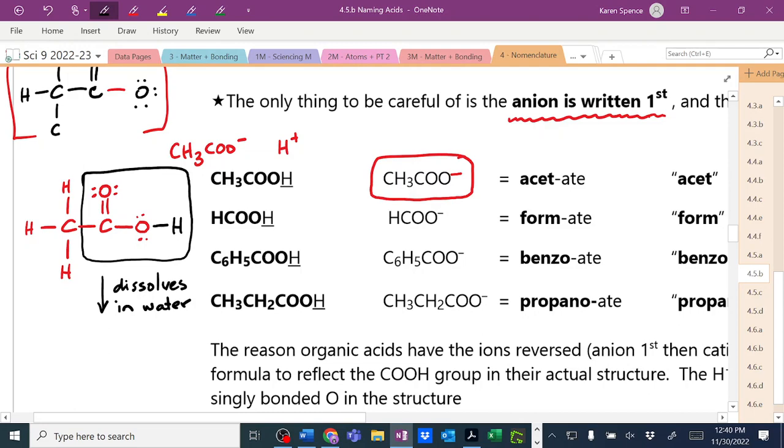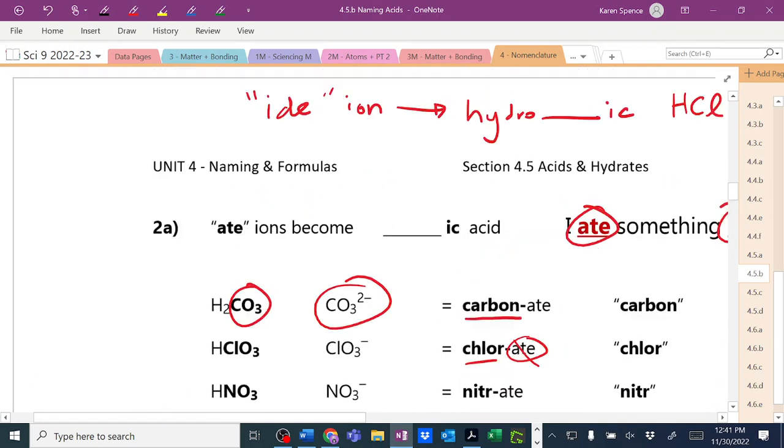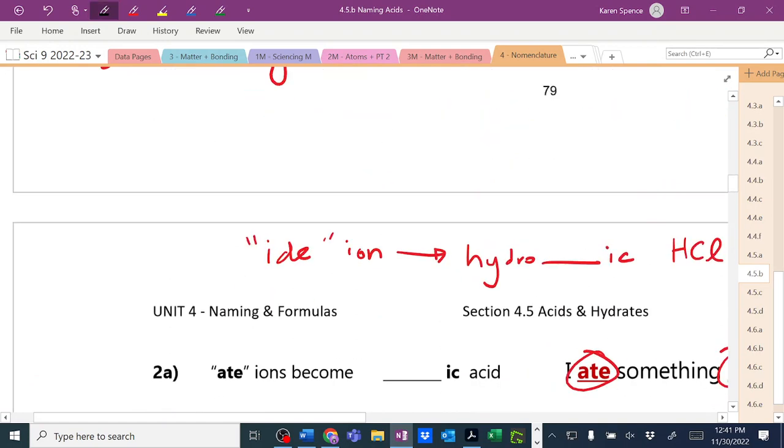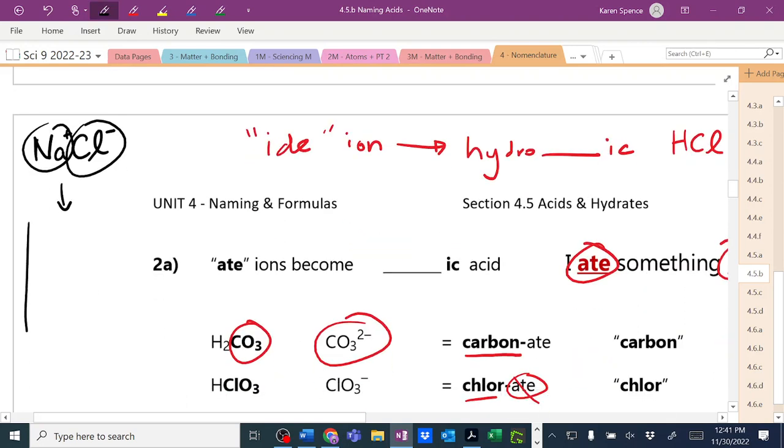So do you remember, when salt dissolved in water, what happened to it? We had an Na, and it was bonded to a Cl, and they were stuck together. But then when we put it into water, those two ions, what did they do? They separated, yes. Acids work in the same way, okay?